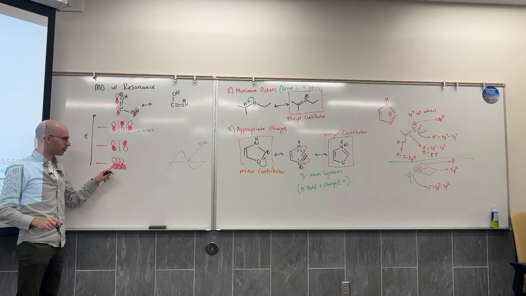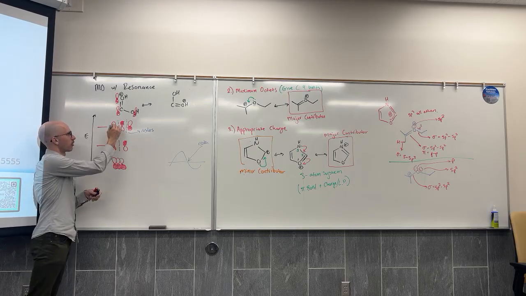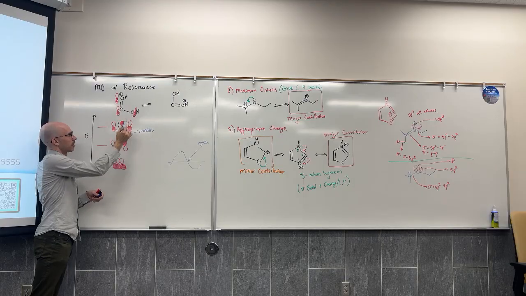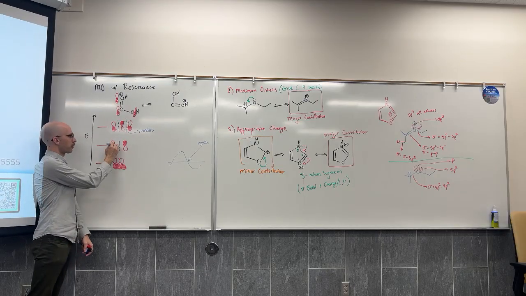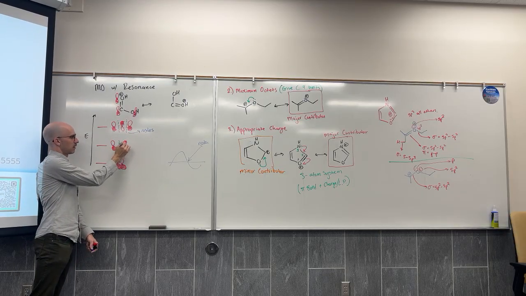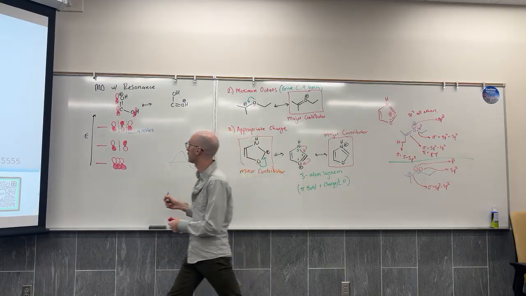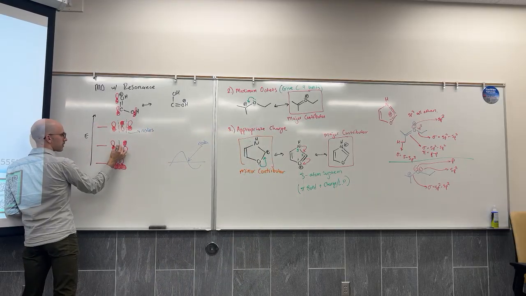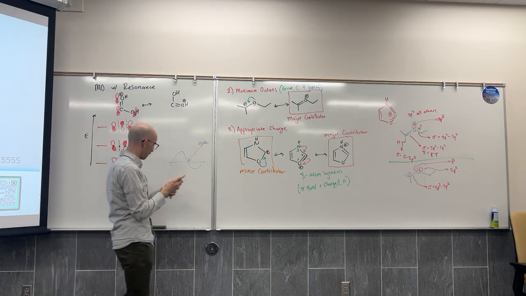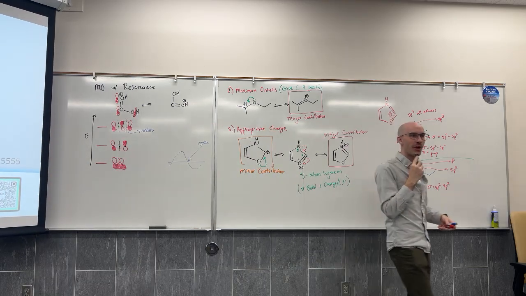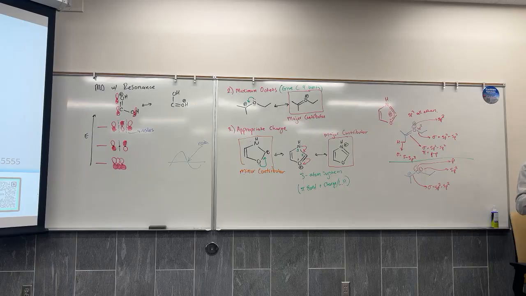Remember that there were 3 nuclei in our bottom orbital, 3 nuclei in our top orbital. There are 3 nuclei in our middle orbital as well. You just can't see it because it started turning purple. Guess what? The node falls over one of those nuclei. That's okay. That just says the electrons are never there.